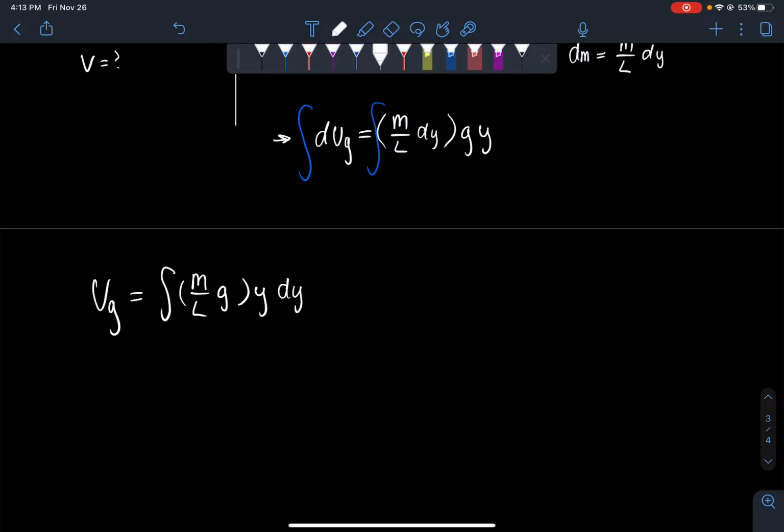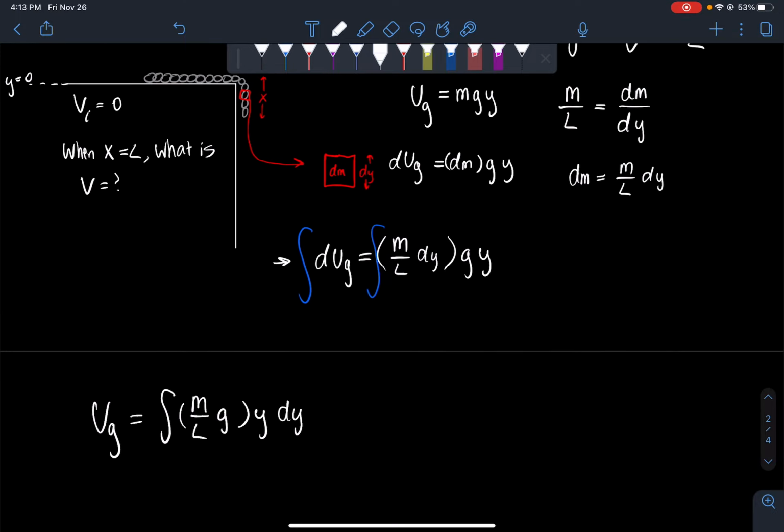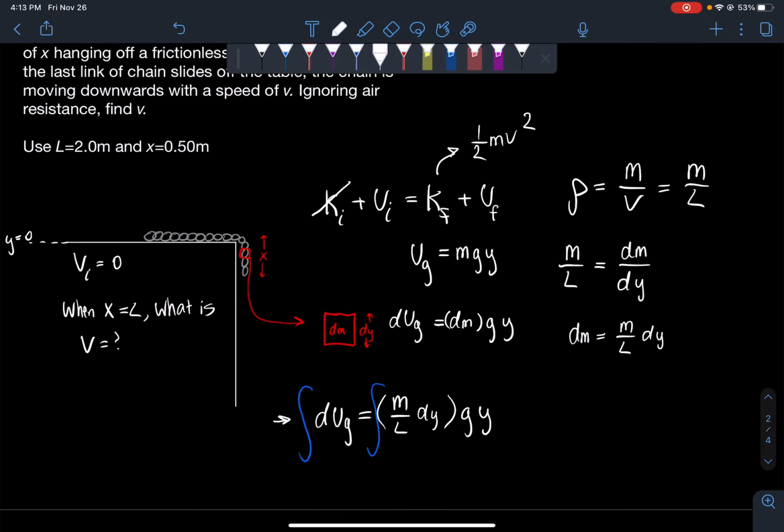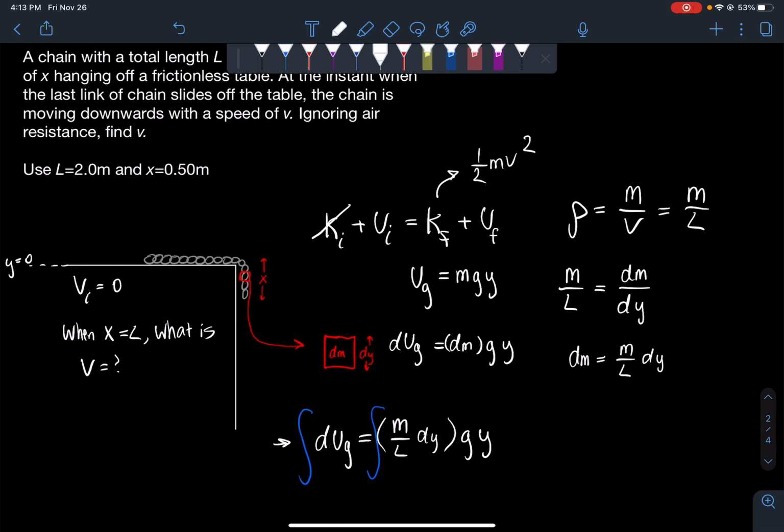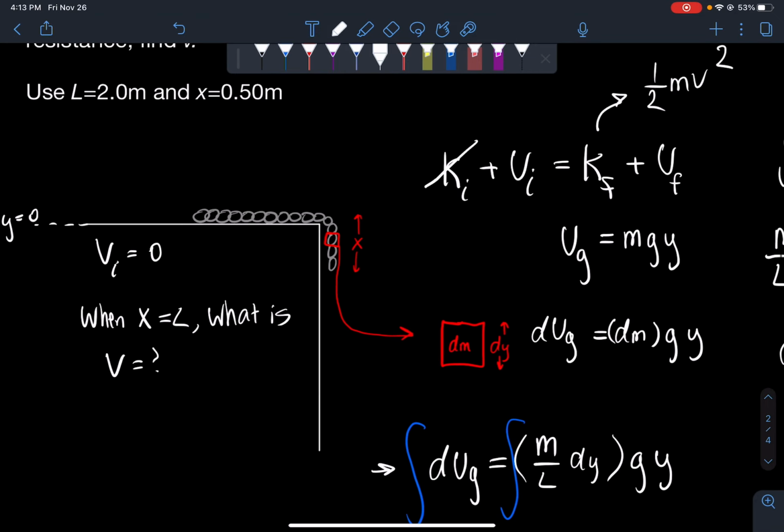Okay, so the limits of integration. Remember, this is asking for when the last link of the chain has just fallen off the table. So at that instant, x is equal to L, right? That's what we're trying to find.